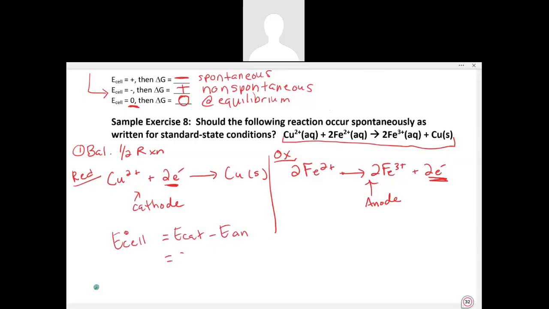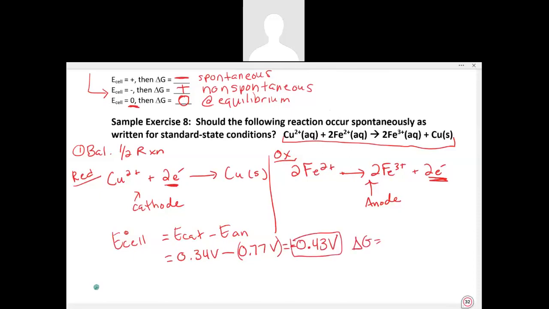At the cathode, we're going to see 0.34 volts. And then at our anode, that reduction potential is going to be 0.77 volts. But we're going to subtract that value, right? When we do that, we're going to have a negative cell potential. So our E cell is negative 0.43 volts here.